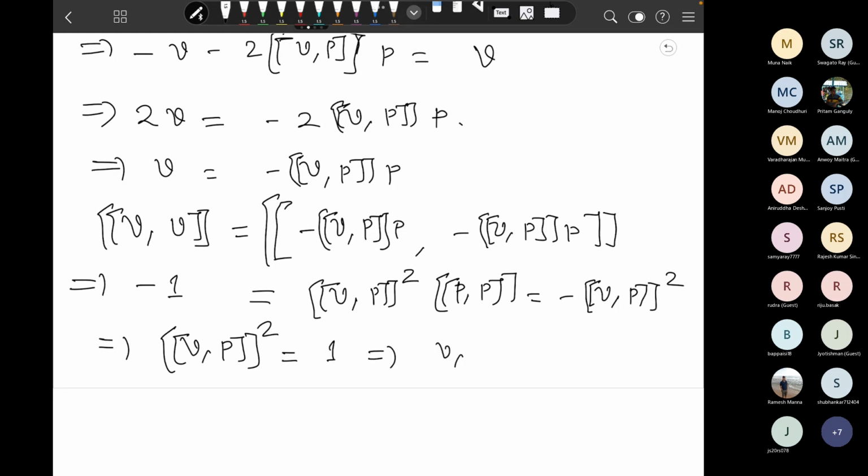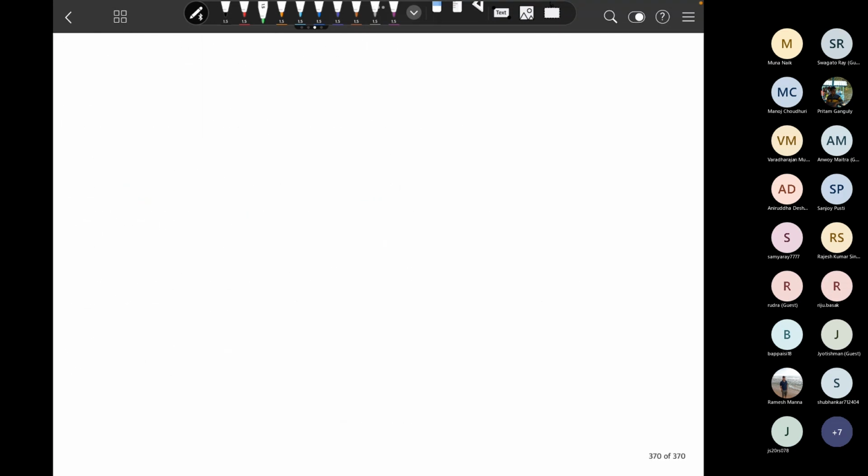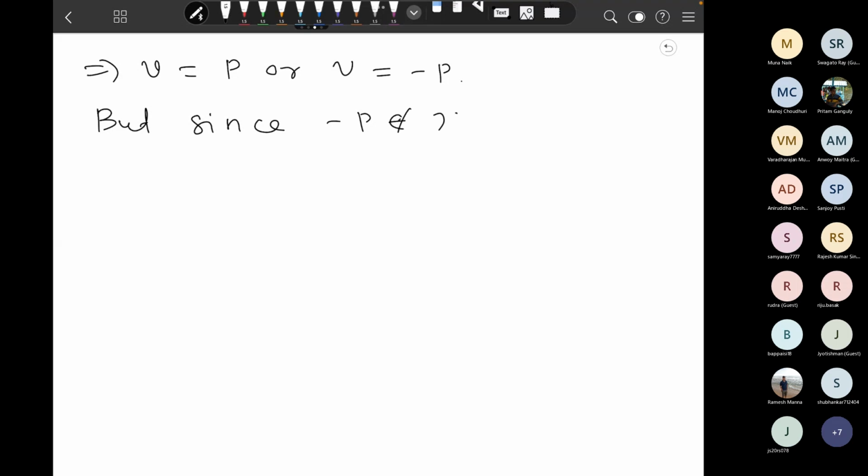That means the product of B and P is 1 or minus 1. So B is equal to P or B is equal to minus P. But since minus P does not belong to H^n, B has to be P. Hence S_P has one fixed point.